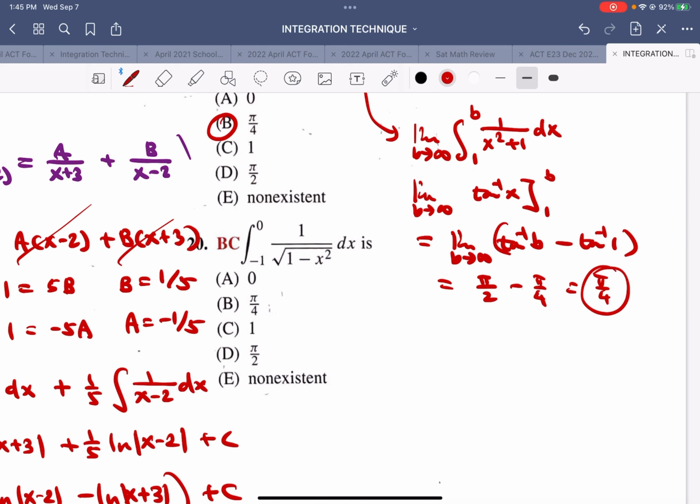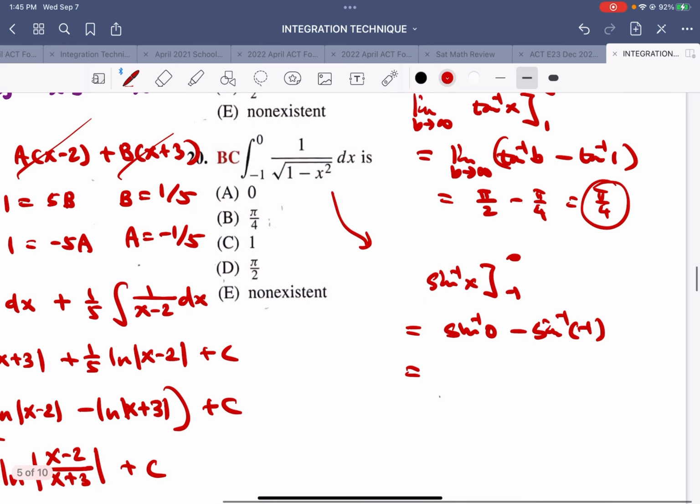Now, so what you have to do is, that one is inverse sine, right? So basically, you can say arcsine x from -1 to 0. So arcsine 0 minus arcsine of -1. So if you consider arcsine range always negative pi over 2 to pi over 2 here.